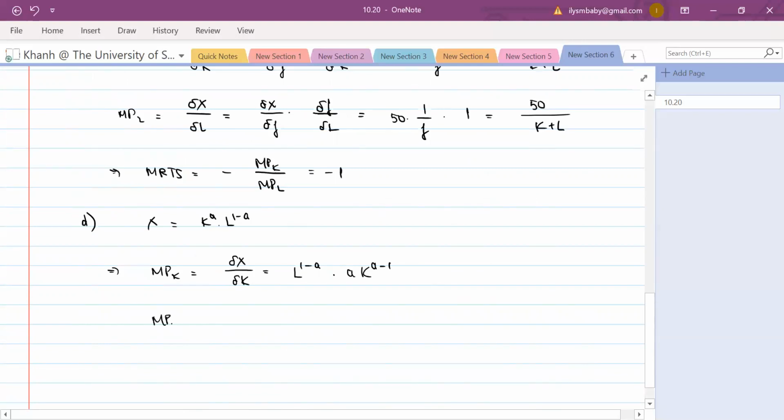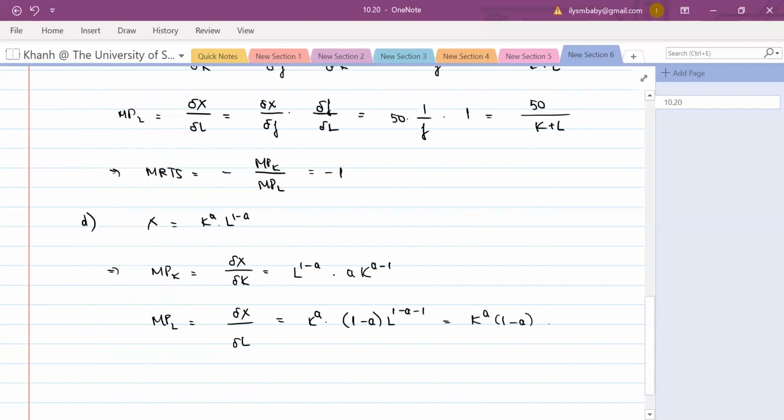And marginal product of labor is just the change in x given the change in labor. So k to the power a is just a constant, it remains there. If you differentiate L to the power 1 minus a, you get 1 minus a times L to the 1 minus a minus 1. So that will give you k to the a times 1 minus a times L to the negative a.